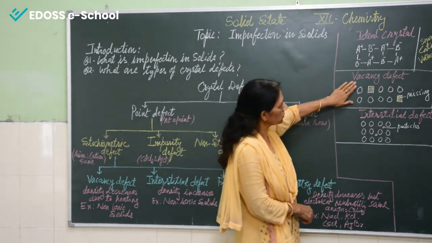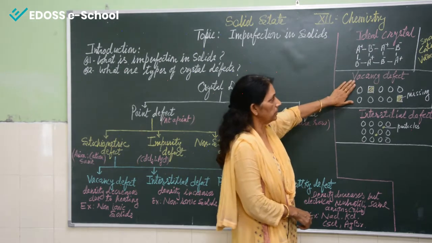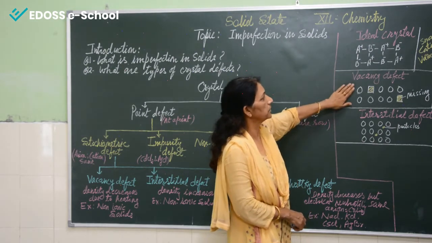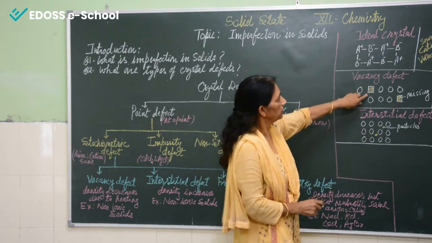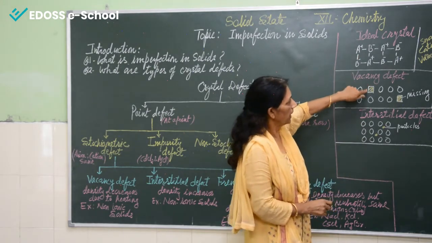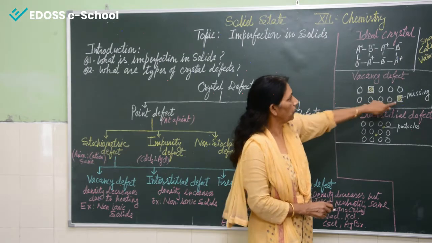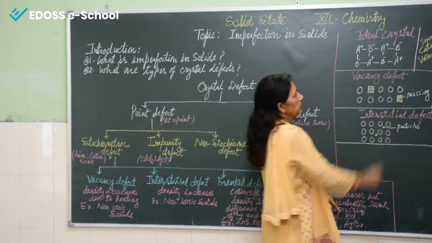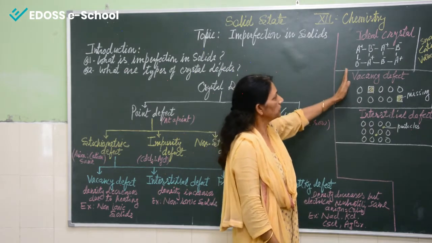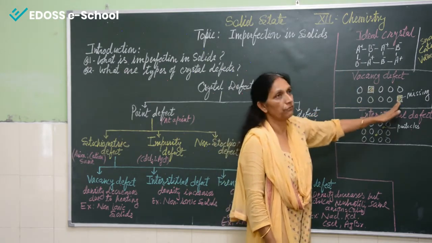Suppose this is an ideal crystal, meaning the number of anions and cations is the same. But in vacancy defect, we see that some of the anions or cations are missing from their place. If such a defect is seen, we call it vacancy defect.